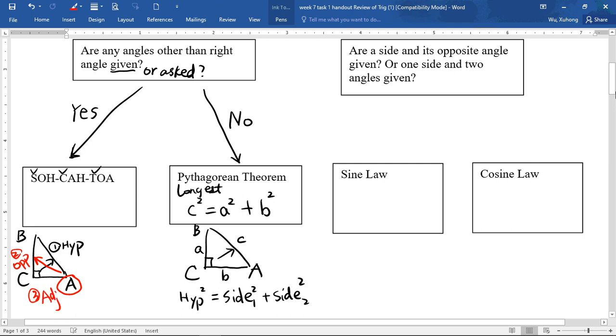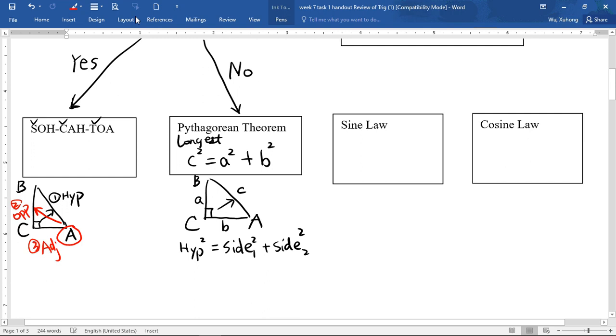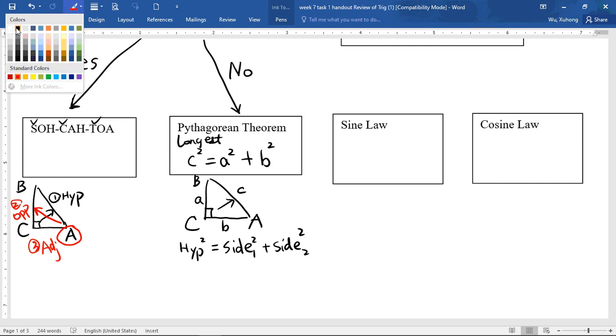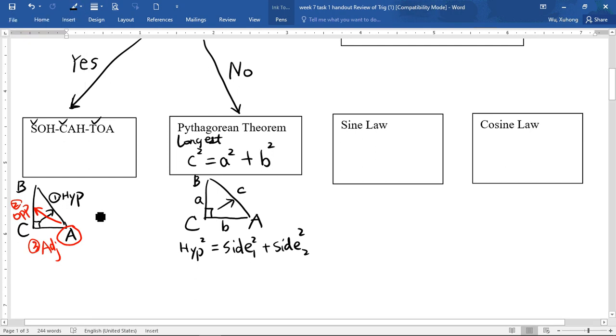So SOH-CAH-TOA represents three formulas. SOH represents sine of angle A equals OH, opposite over hypotenuse. So the three letters are the first letters in your formula: S sine, O opposite, H hypotenuse, opposite over hypotenuse.